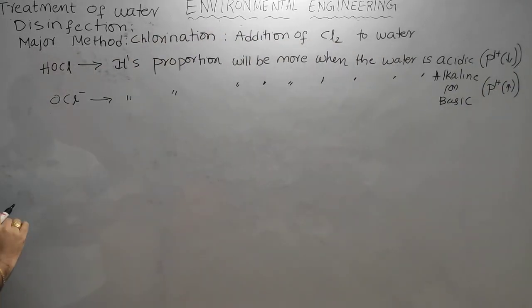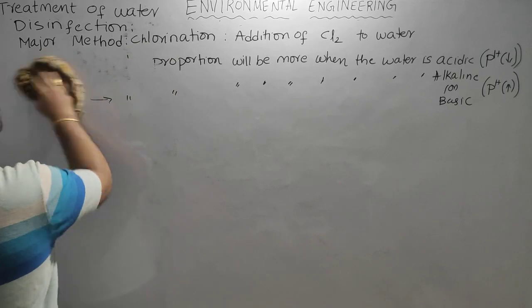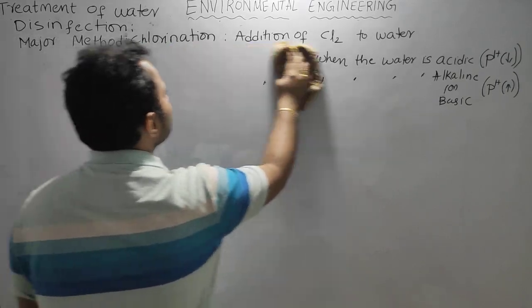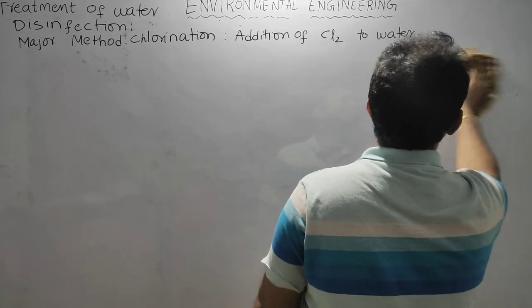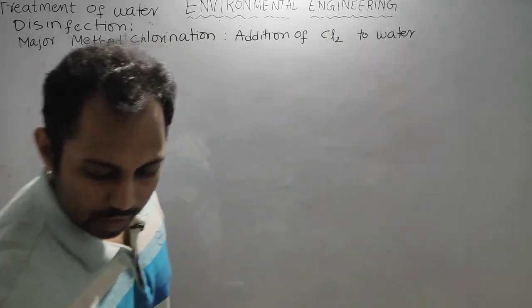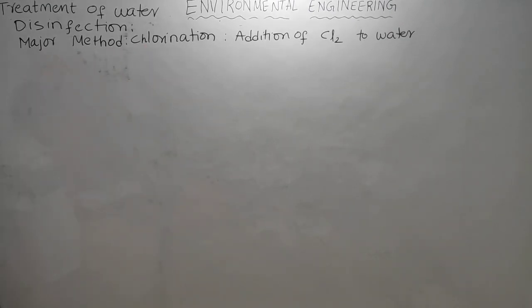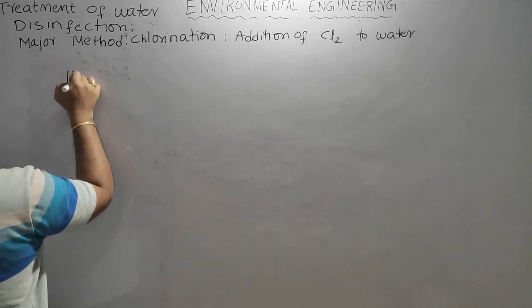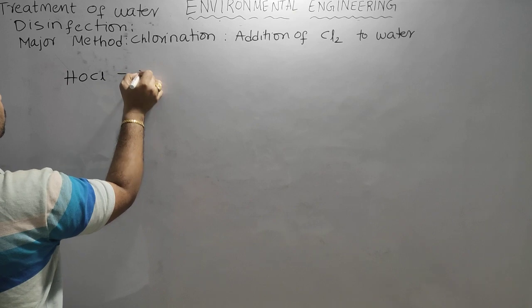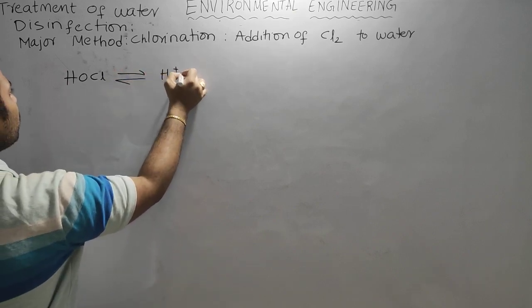So let us understand now what the proportion of HOCl and OCl minus in a water is. To determine that, first we need to write the equation of the reaction. HOCl, when it reacts with water, dissolves into the water and forms H plus and OCl minus.